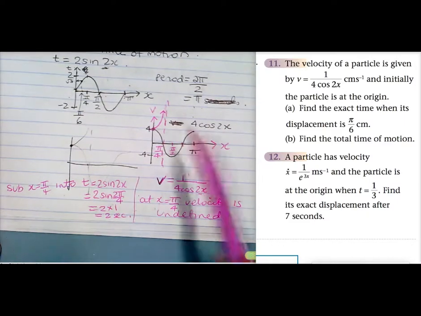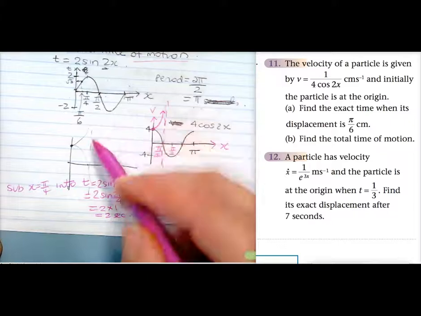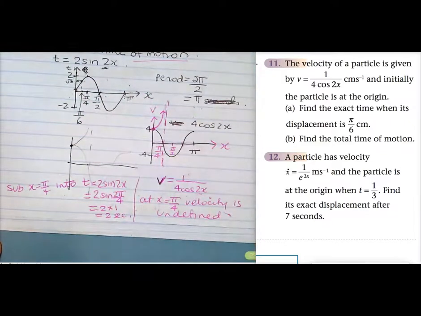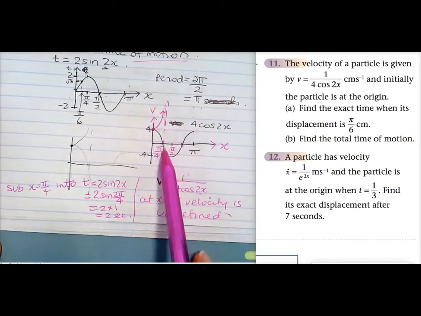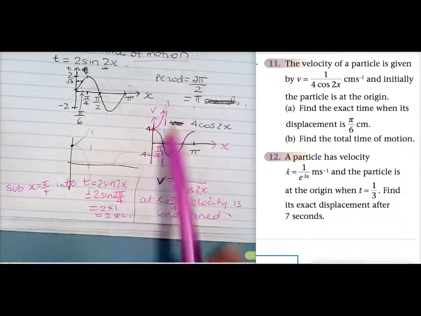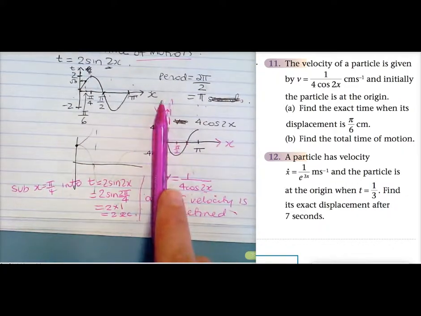So for total time of motion, do I do 1 period or 2 periods? There's obviously something that happens that makes the motion stop. And by drawing the velocity curve, it's very clear that it happens at x equals pi on 4, that we have a break in the motion. The velocity curve doesn't exist anymore. There's an asymptote.